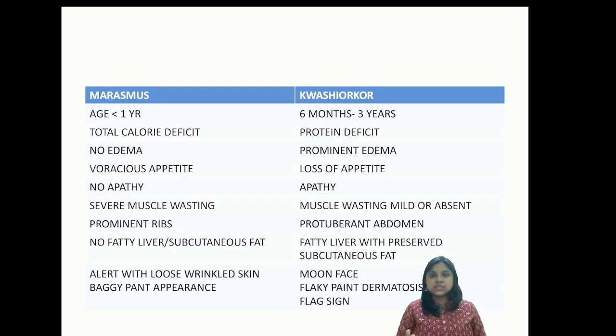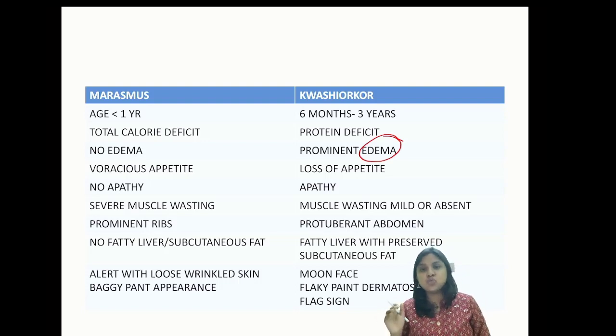So we have marasmus and kwashiorkor, a table I have put up. In kwashiorkor, the age group is 6 months to 3 years. Marasmus, it's less than 1 year in younger children. Kwashiorkor deals with mainly protein deficit, whereas in marasmus, there is total calorie deficit. If in a picture you get edema and hepatomegaly with abdominal distension, more likely it is pointing towards kwashiorkor.